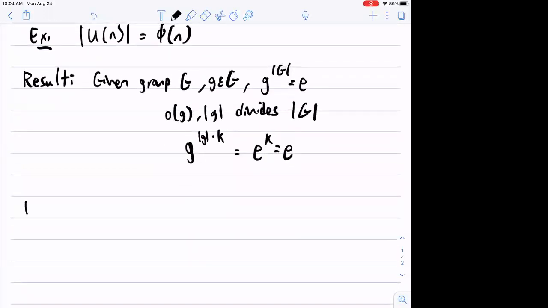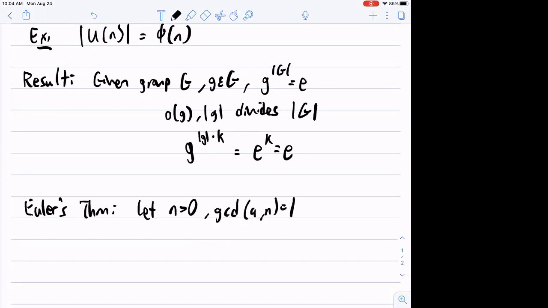So knowing that, we have Euler's theorem. Let n be bigger than 0, and GCD of a and n is 1. So in particular, this means the class of a is in U of n.